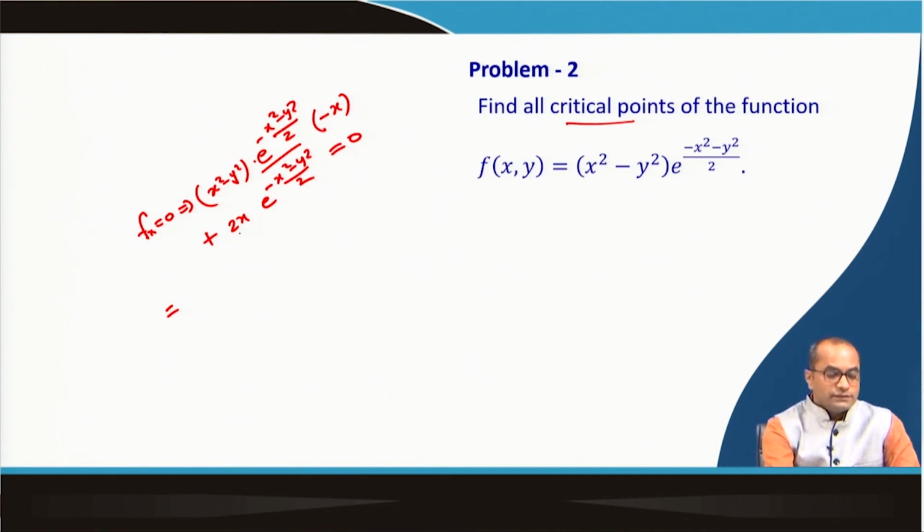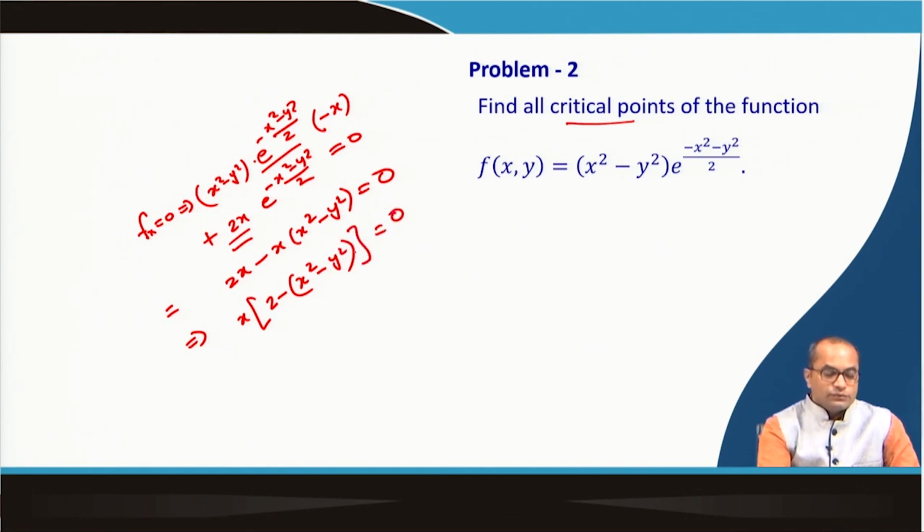So, what we will get from here, we have the 2x and there we have minus x times (x^2 minus 1) is equal to 0. So, x times (2 minus x^2 minus y^2) is equal to 0. So, this is one equation we got.